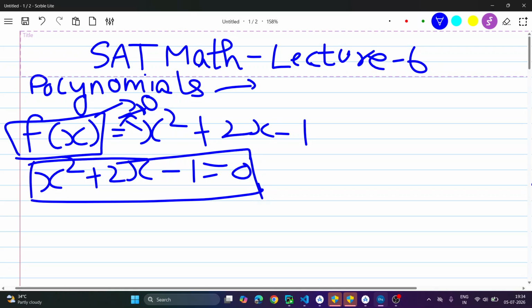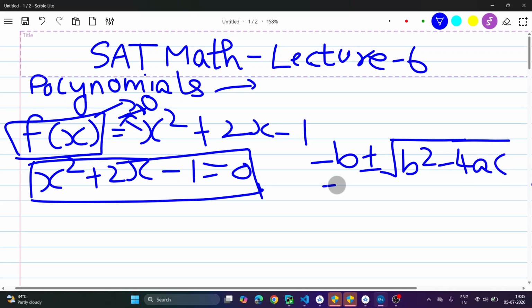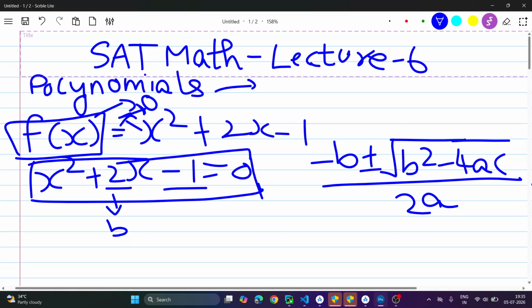Okay, so now let's use the formula: minus b plus or minus the square root of b squared minus 4ac, by 2a. So this is b, this is c, and this one is a.